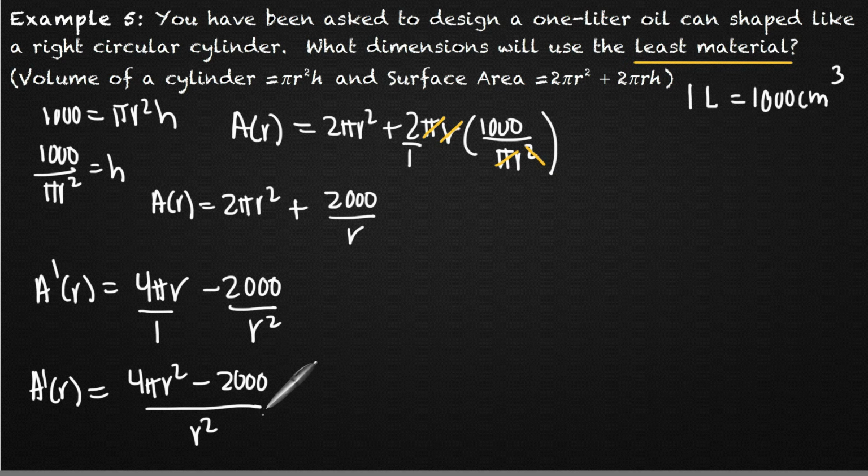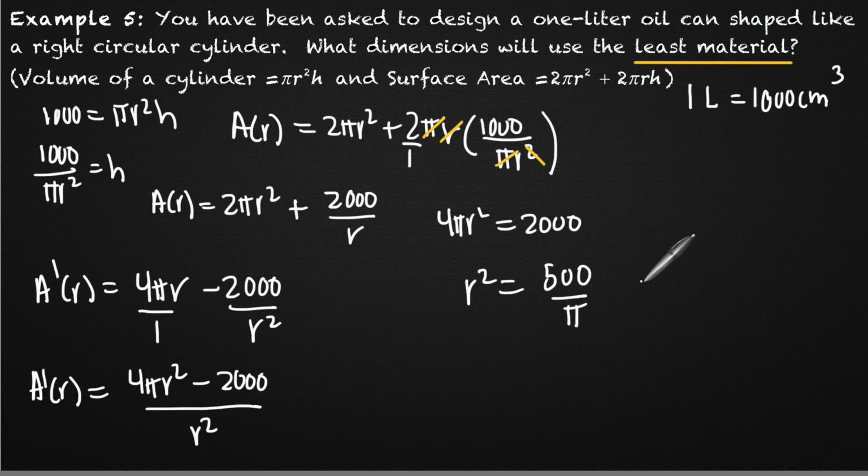Now we're going to say, okay, what would make the derivative undefined? Well, r equals 0, but it doesn't make sense to have a can with a radius of 0. So then we take the top and set it equal to 0. So 4 pi r squared equals 2,000. And we're going to divide by 4 pi, so r squared is equal to 500 over pi. So r is equal to the square root of 500 over pi.